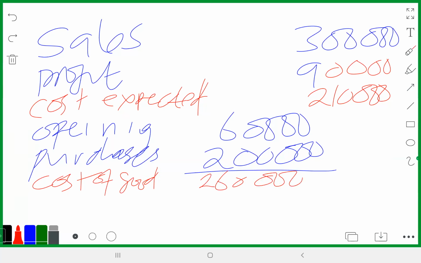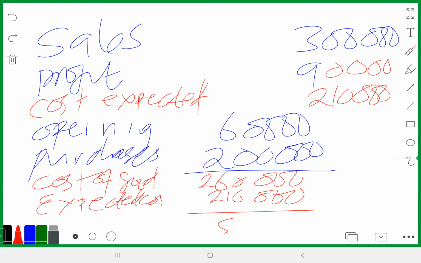260,000. And then we take the difference with the expected cost. So this is the actual cost, 260,000, minus the expected cost, 210,000.